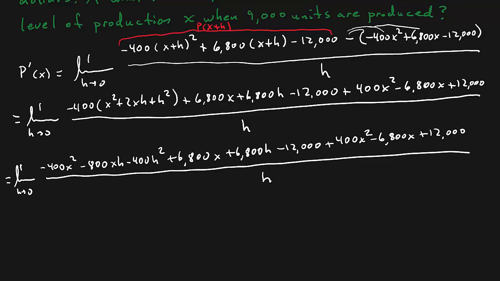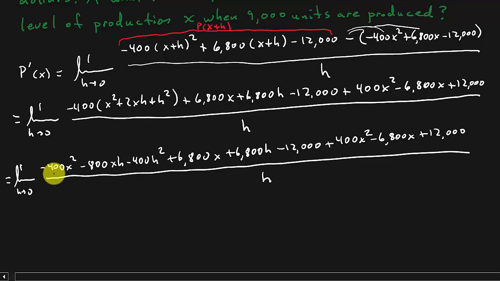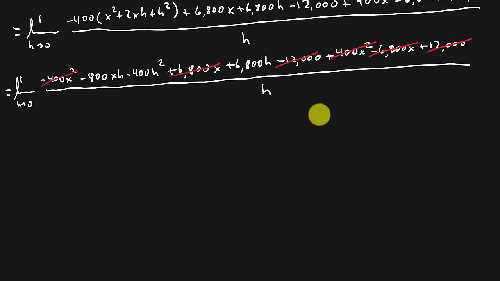Now let's hope some of this stuff cancels. Well, look, there's a minus 400x squared and a positive 400x squared. There's a 6,800x and a minus 6,800x, and there's a minus 12,000 and a plus 12,000. So all that cancels.